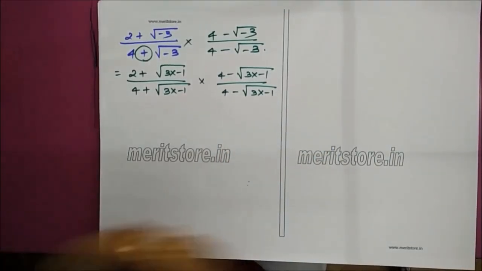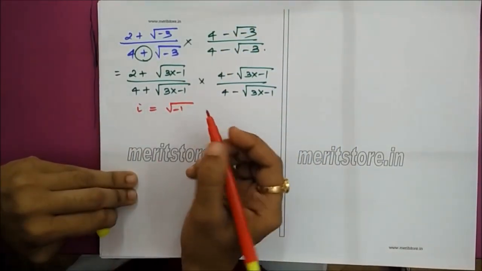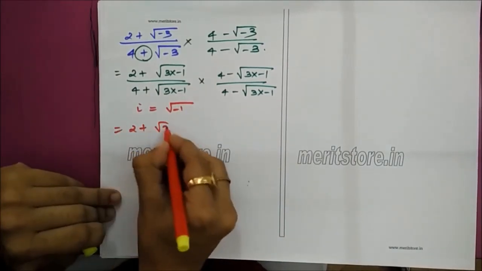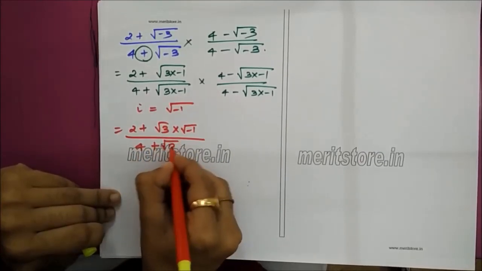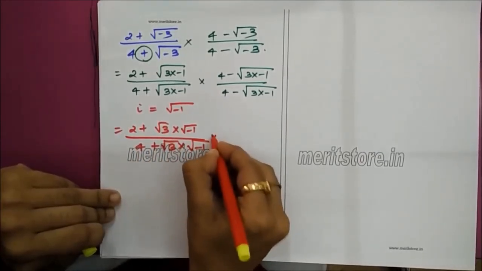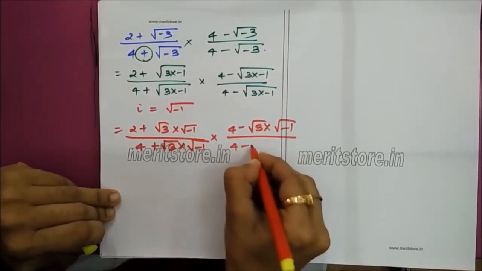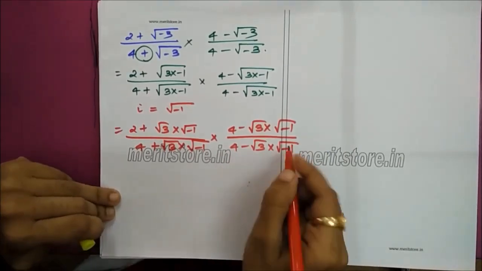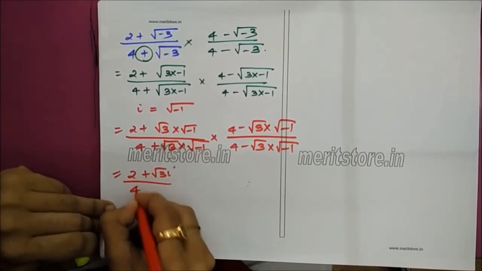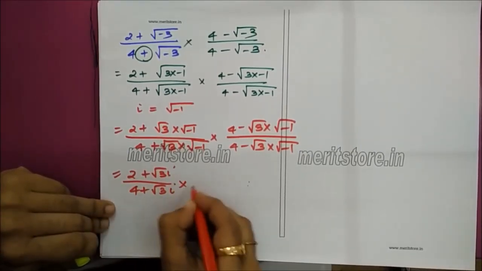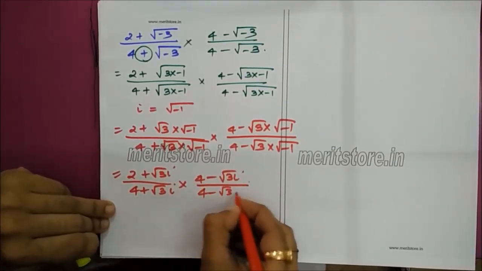We have already studied i is equal to root of minus 1. So here I am splitting both of them. We know that i is equal to root of minus 1. So 2 plus root 3i upon 4 plus root 3i into 4 minus root 3i upon 4 minus root 3i.